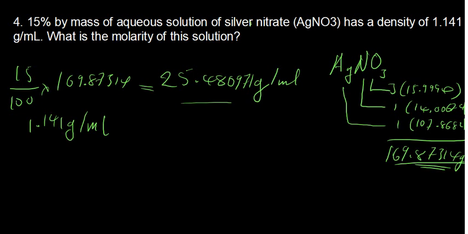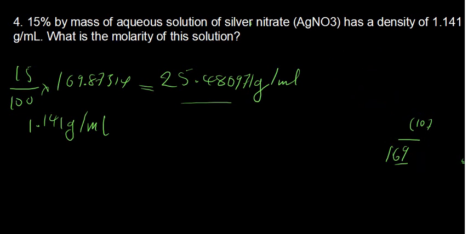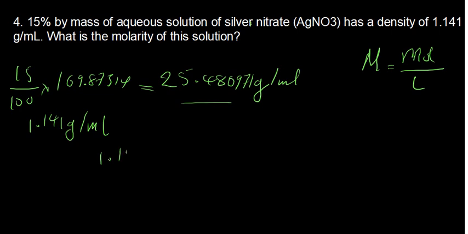We know that molarity is simply the moles of solute over liters of solution. So the unit is moles over liter. I want to make sure this density is converted to mole per liter. So that is 1.141 grams over milliliter.